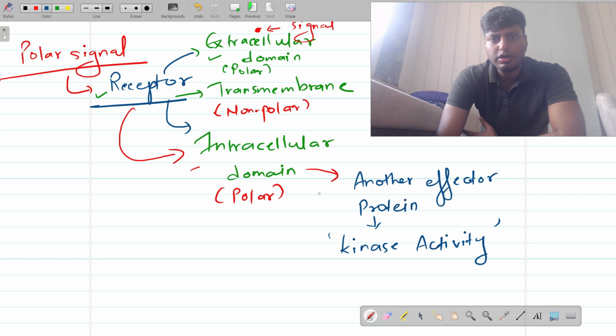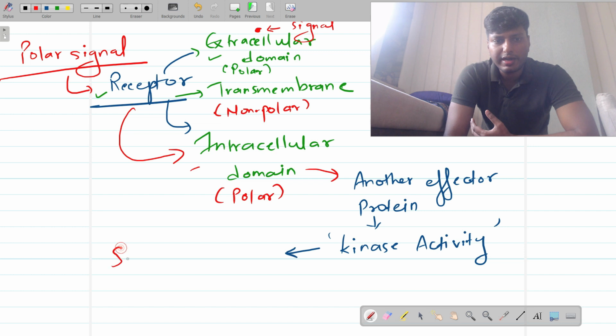Once it gets activated, this protein is going to activate certain other molecules which are present inside the cell, and these are called the secondary messengers.